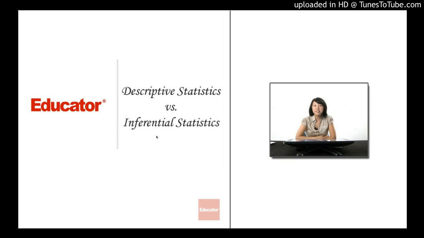So that's 55 plus 55 plus 64 over 3. So 58 is their level of stress hormone. So here we have X bar as 58. And we want to know, is this likely or unlikely given this sampling distribution?